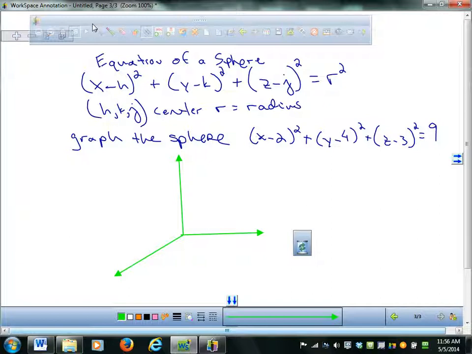And, by the way, if this is z, this is y, and this is x. Oh, that should be an x, not a z.